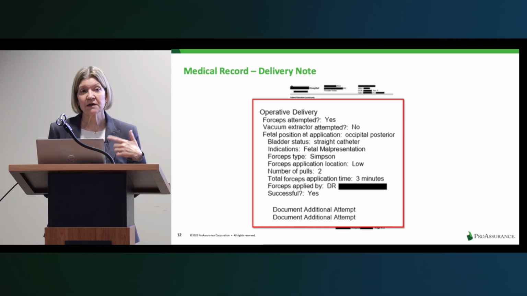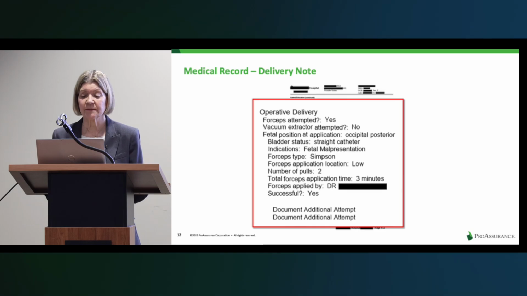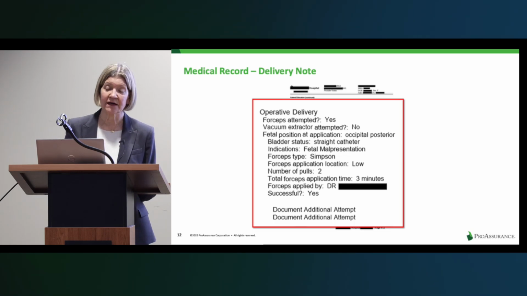And then I'm going to talk a little bit more about templates in the last case study. Better documentation here about the rationale for using the forceps and the laceration repair might have avoided a lawsuit or at least had allowed for a vigorous defense of the care provided.